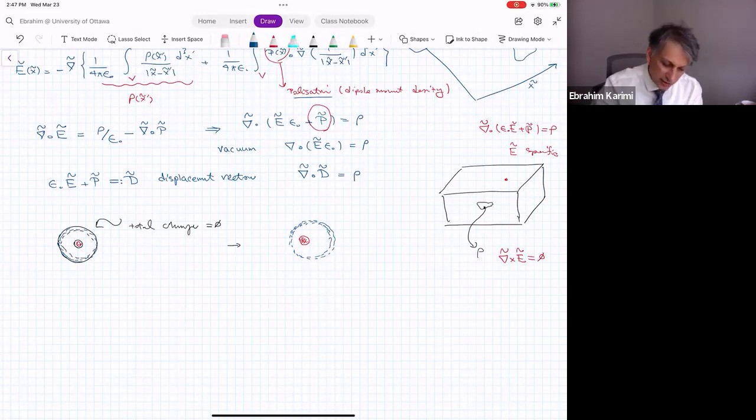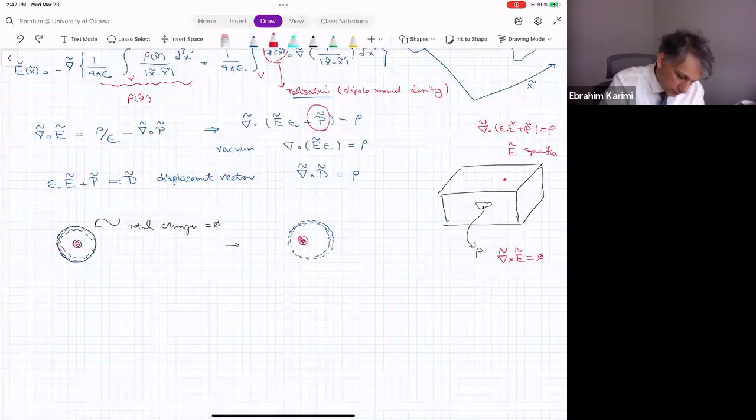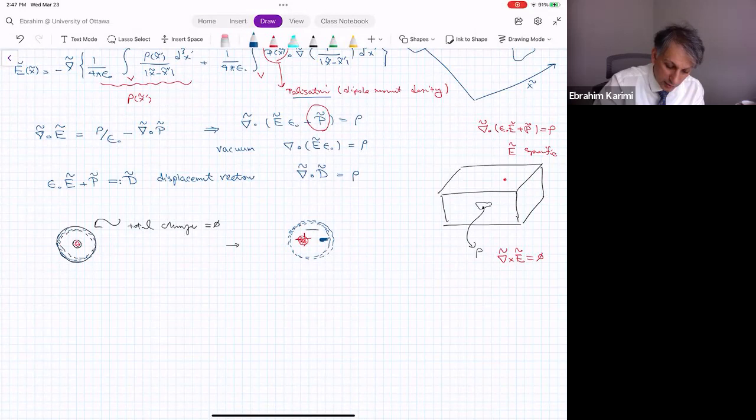So the center for the positive charge is here, while the center for the negative charge is here. Then you have a dipole moment, which is from negative to positive. So you do have a P, and you have so many of them around.